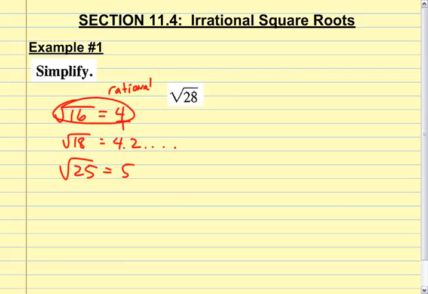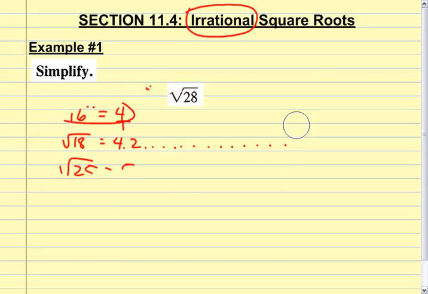If I take the square root of a whole number, but I don't get a whole number, the answer is irrational. That means I cannot write it as a fraction. These numbers go on and on forever, and now I'm going to stop. This is irrational. So now let's look at the square root of 28.